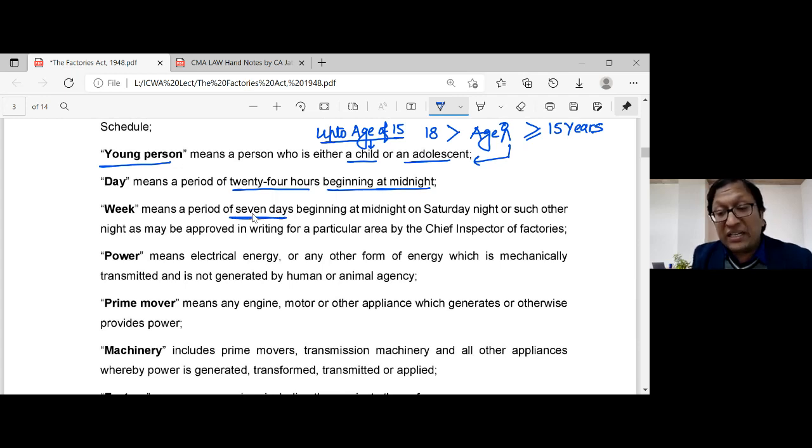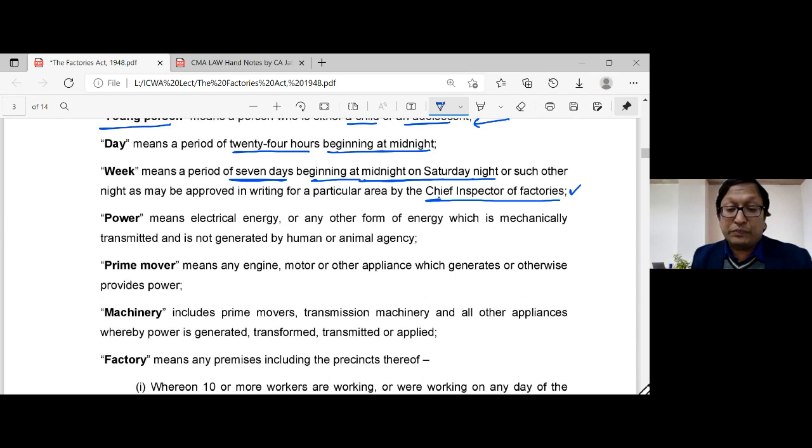But it begins at midnight on Saturday night, or such other night as may be approved in writing for a particular area by the chief inspector of factories. So he needs to declare it. He may declare a different start of the week for different areas. He has the power to do so.